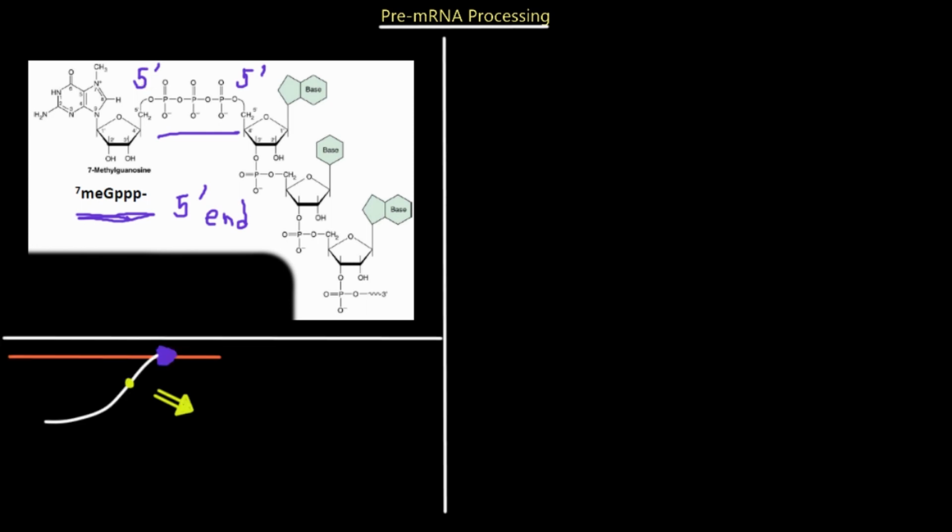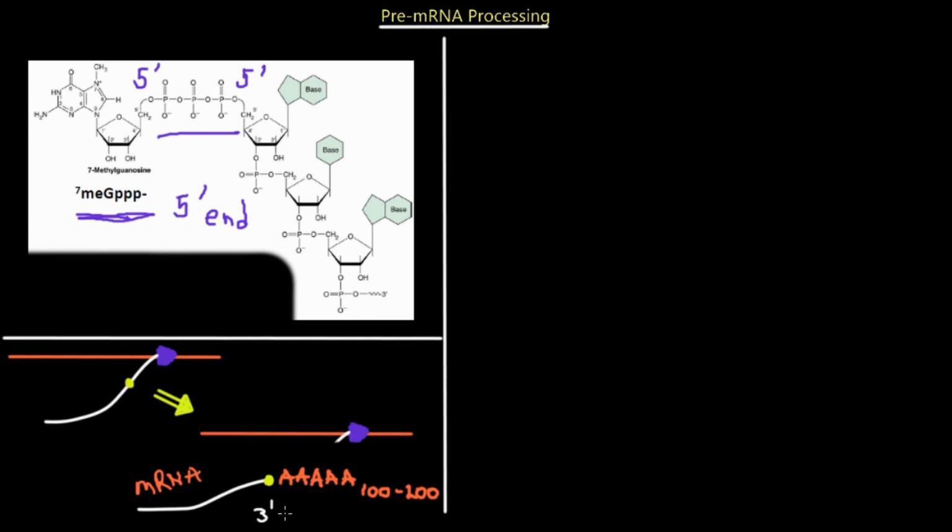Next, we also discussed how the mRNA is terminated, and then there's going to be a poly A tail attached to the 3' end. Just going over it again, how this happens is that the Rho protein is going to come all the way up to the RNA polymerase, and it's going to cleave the mRNA. So this mRNA will be cleaved, and it's going to make the 3' end processing.